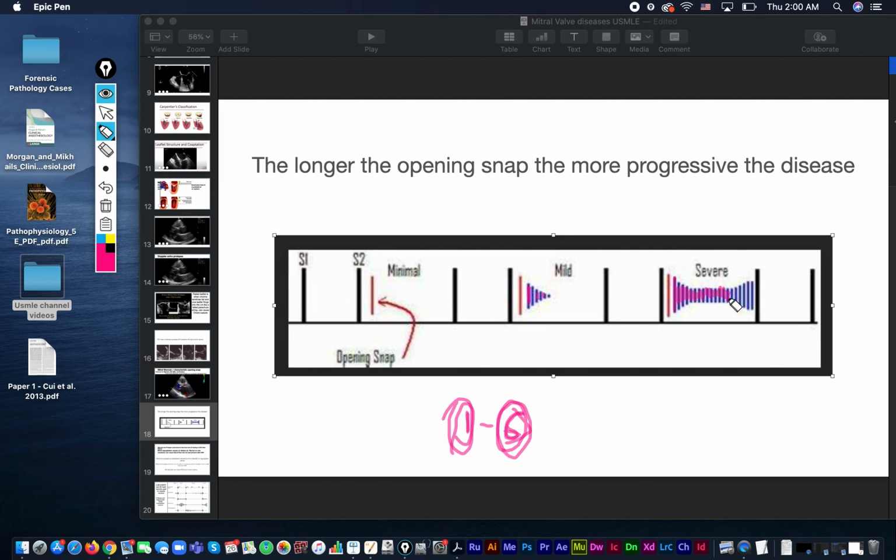You hear the murmur throughout the entire diastole, and then it's louder here when it has to open. So that means that the mitral valve is constantly open because it's restricted movement, and the restricted movement doesn't allow it to close. That's severe.